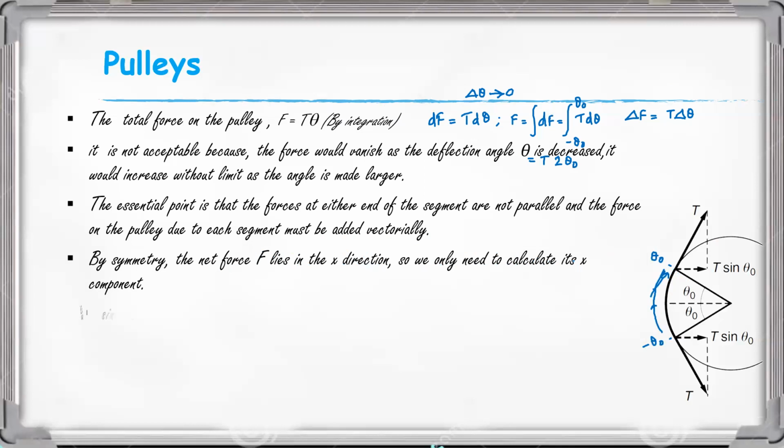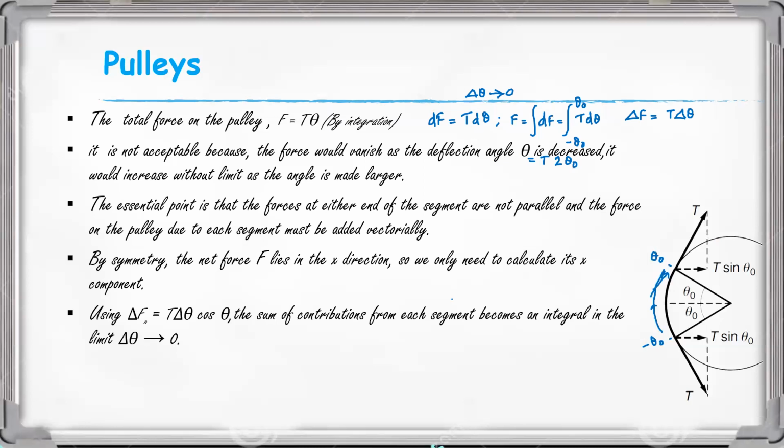Using delta F is equal to T delta theta cos theta, the sum of contributions from each segment becomes an integral in the limit delta theta tends to 0.